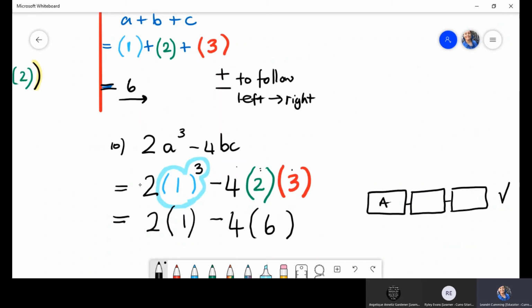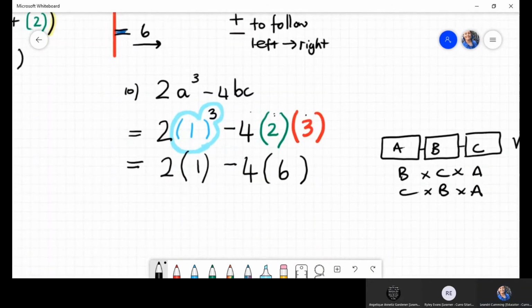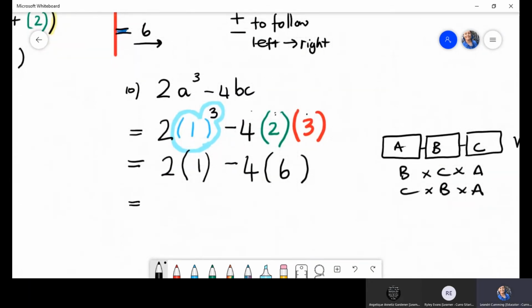Whether I go A, B, C, or B, C, A, or C, B, A, my product is still the same. Now for my next step, look at how I'm keeping my equal sign aligned. 2 times 1 is 2. Keep my minus. 4 times 6 is 24. Would have been the same as 8 times 3.